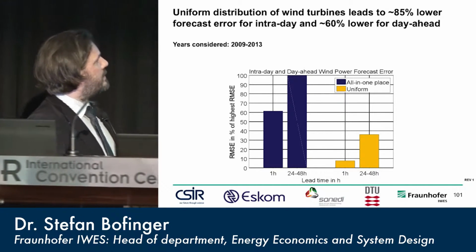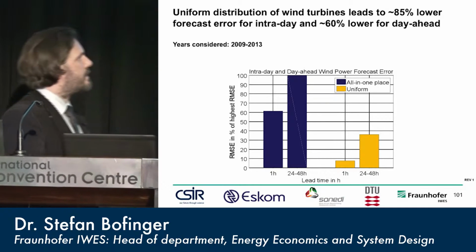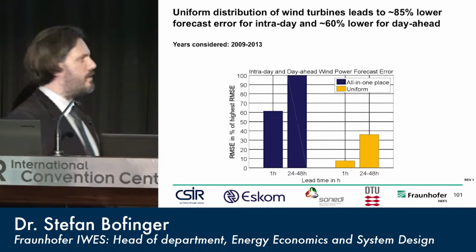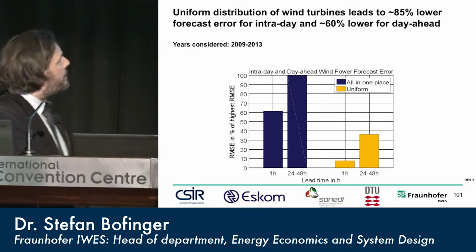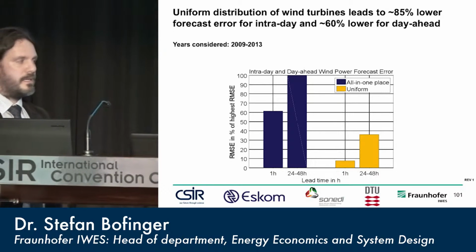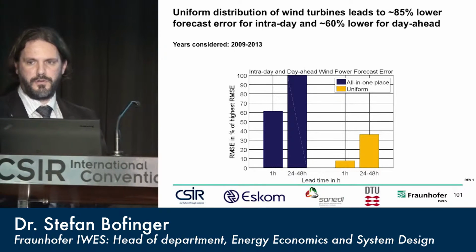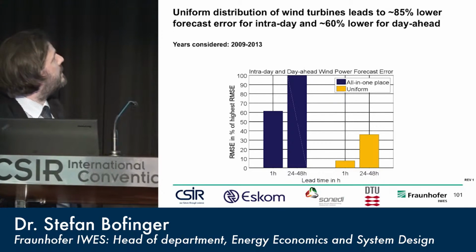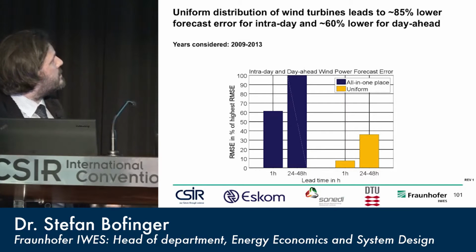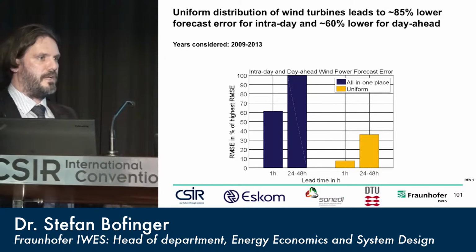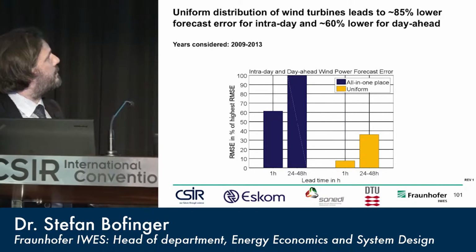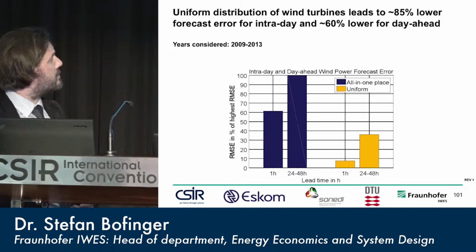That also means you need less balancing power or reserve power to level these forecast errors out, and that's also a matter of economics of the system operation, and so also a matter of the total electricity costs.